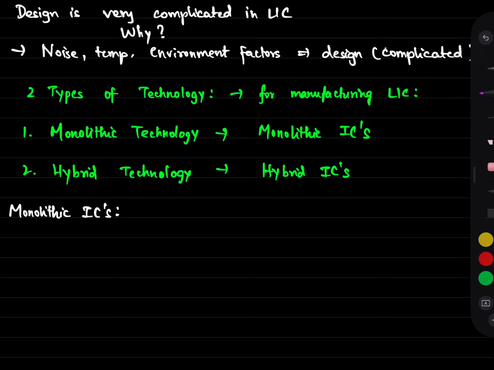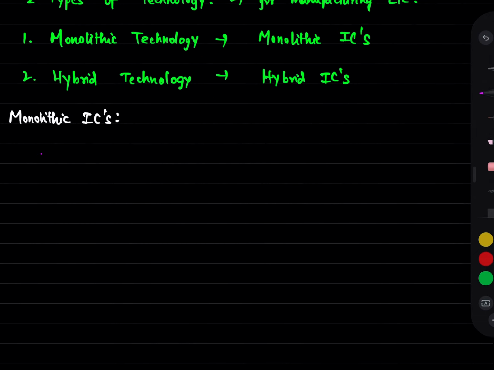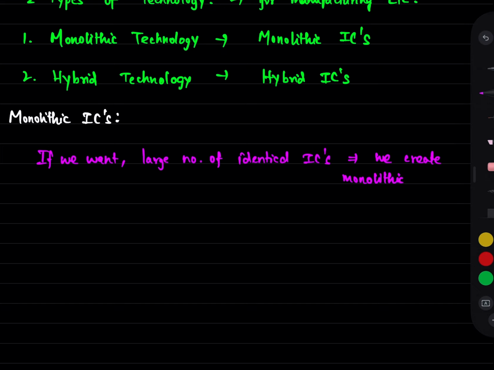So monolithic ICs are manufactured in industries where we require a large number of identical ICs. So if we want a large number of identical integrated circuits, we create monolithic ICs because it is done on a single silicon chip.